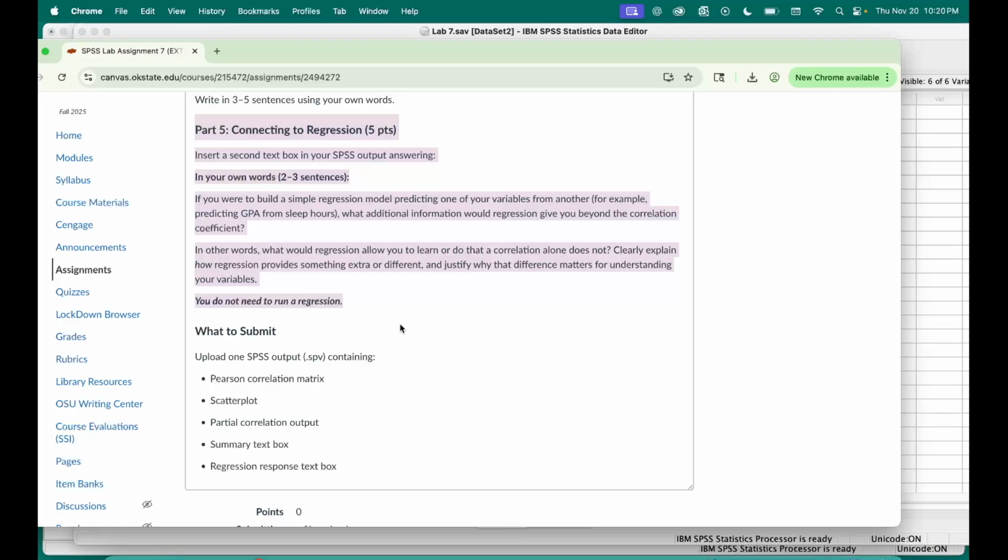So we're going to go over a correlation together, like the information you get from a correlation. And then, using the context I provided and maybe some digging and researching on your own, try and uncover what the regression test or output is providing that goes above and beyond what a correlation is providing.